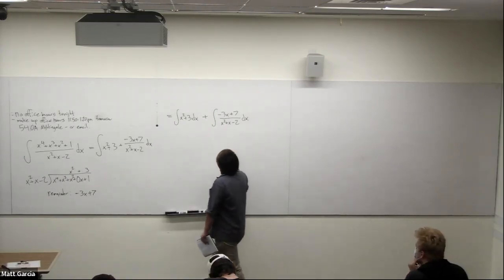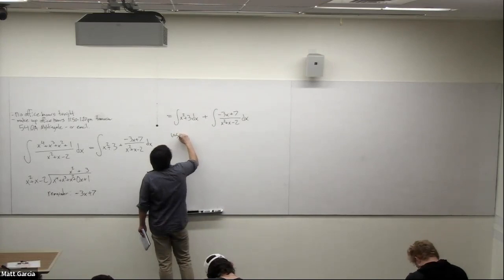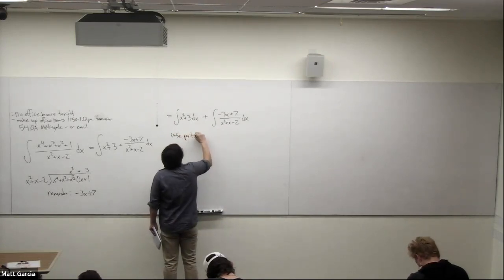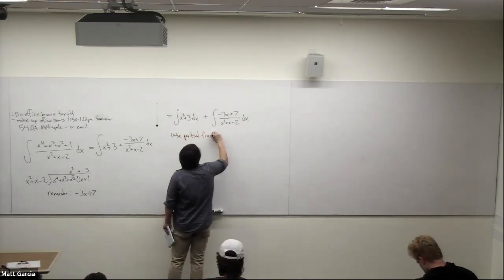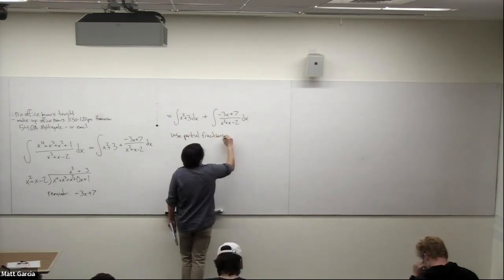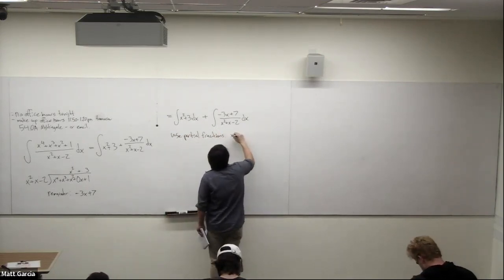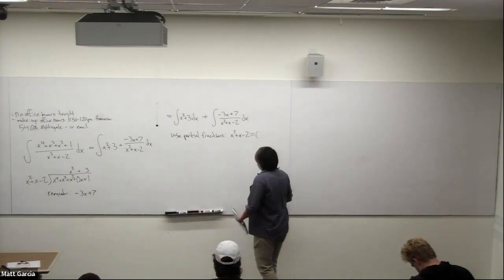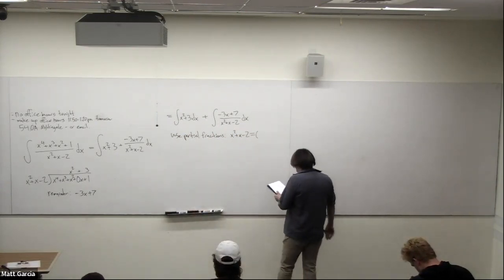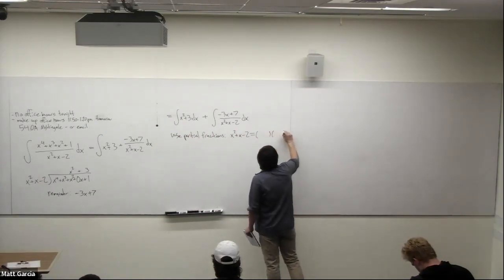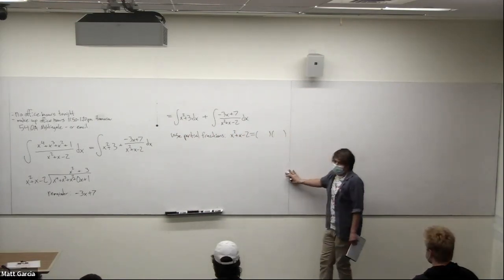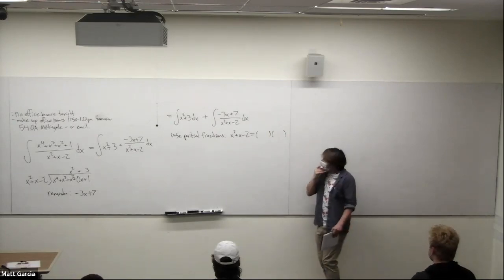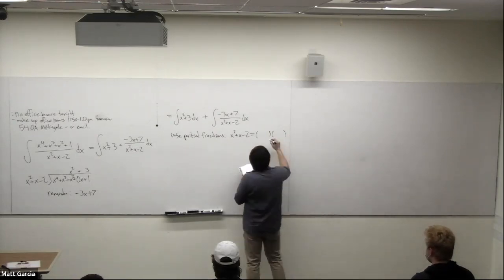Yeah. So we first factor the denominator. How does this denominator factor? Any takers to flex their algebra skills here? Yeah, x plus 2 and x minus 1. Good.